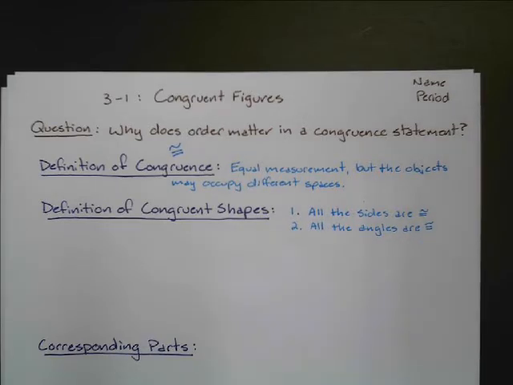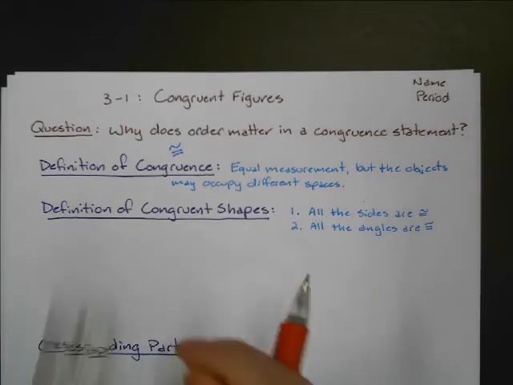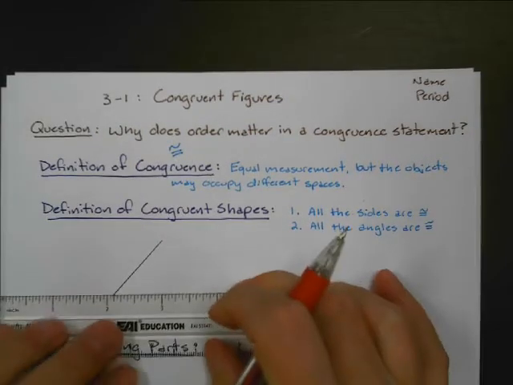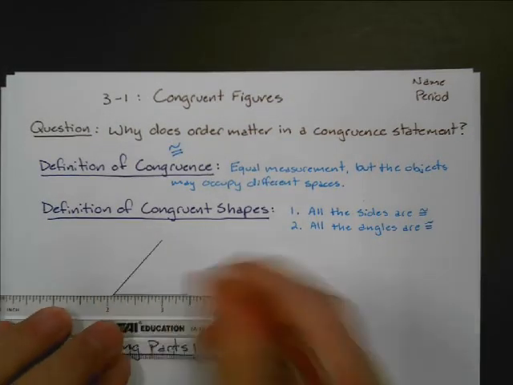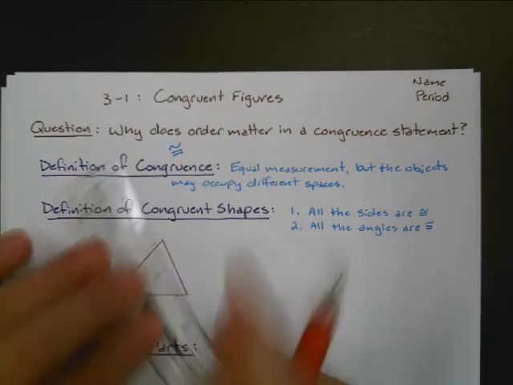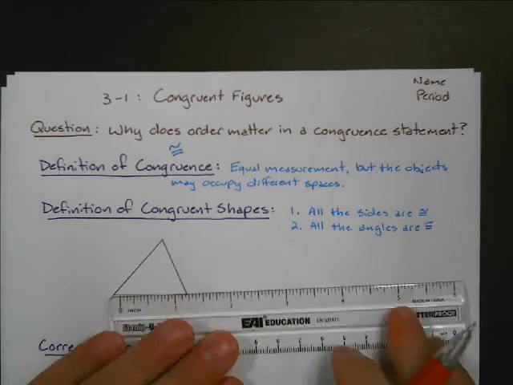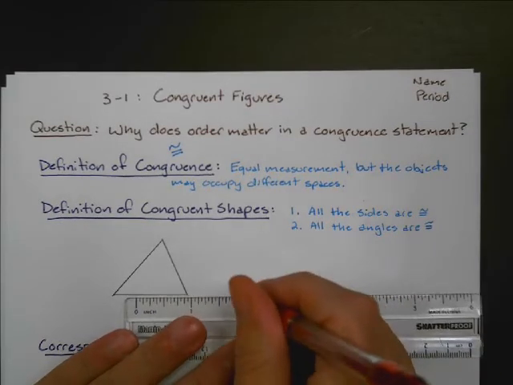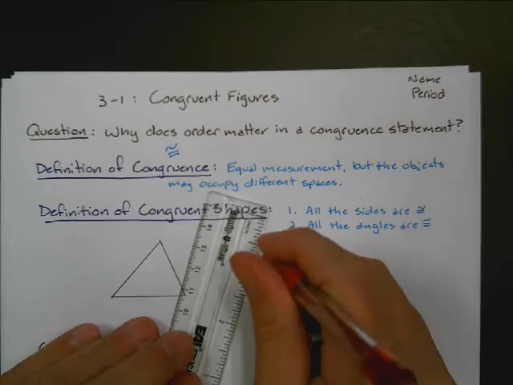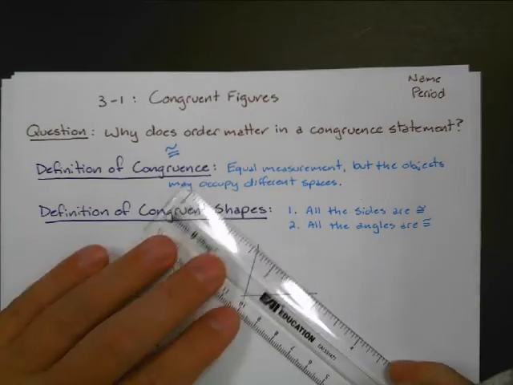Okay, so let's just really quickly draw a couple of triangles over here. Let's see, I'll just make one like this because that makes me happy. So there's one triangle over here. How am I going to make this other one? I'll just make it like boom, boom, boom.